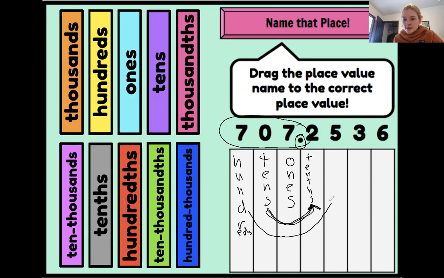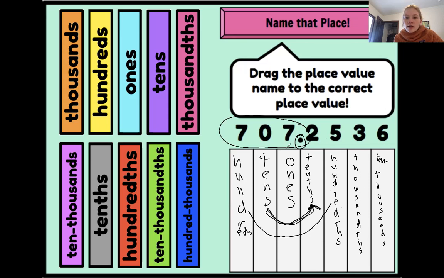Hundreds, this is the hundredths. And after the hundredths would be thousandths. After the thousandths would be ten thousandths.